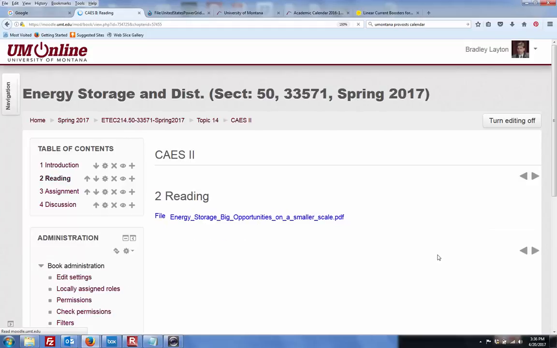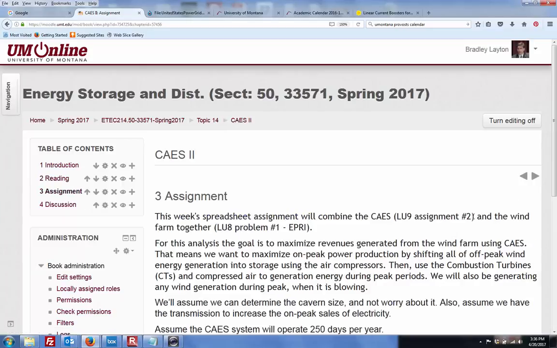Arbitrage. Remember that? Seems like not that long ago. Okay, so this week's assignment will combine week 9 and 8. We're going to maximize revenues generated from the farm using compressed air storage.